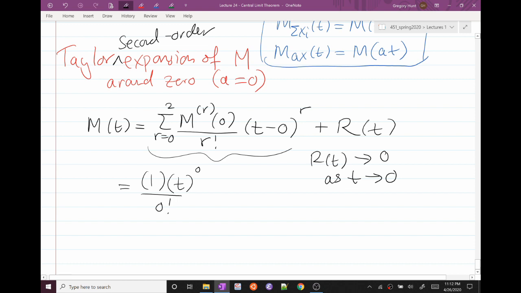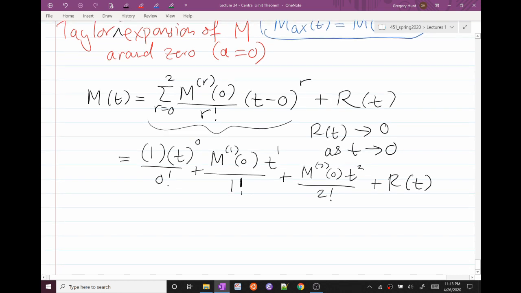That's the convention for the 0th derivative, plus the first derivative, m1, evaluated at 0, times t minus 0 to the first power over 1 factorial, plus our third term, the second derivative at 0, t squared over 2 factorial, plus our remainder that depends on t. So simplifying even more, the first term just turns into a 1.